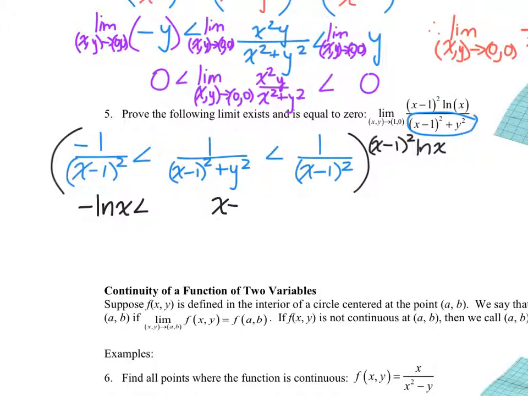You could skip the step if you want, I guess. So multiply everything through, and you're going to get the negative ln of x and the positive ln of x.